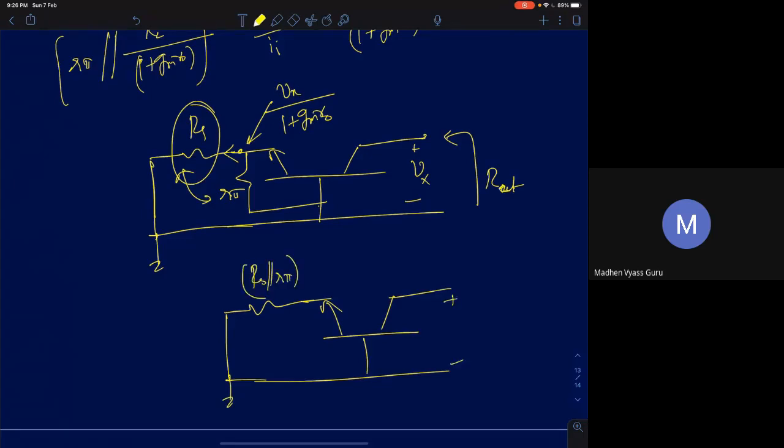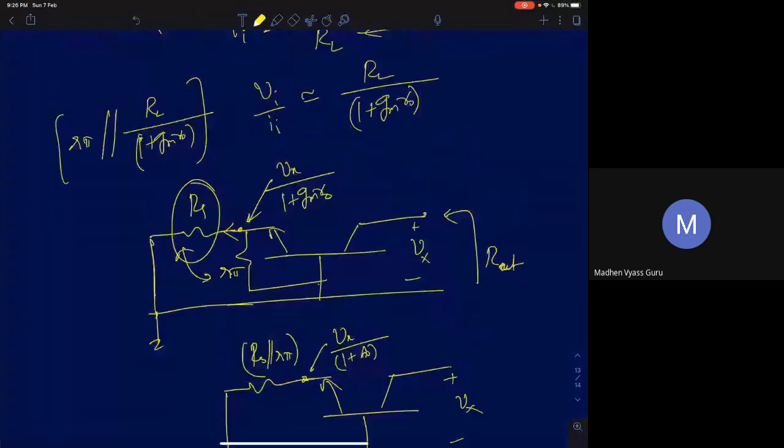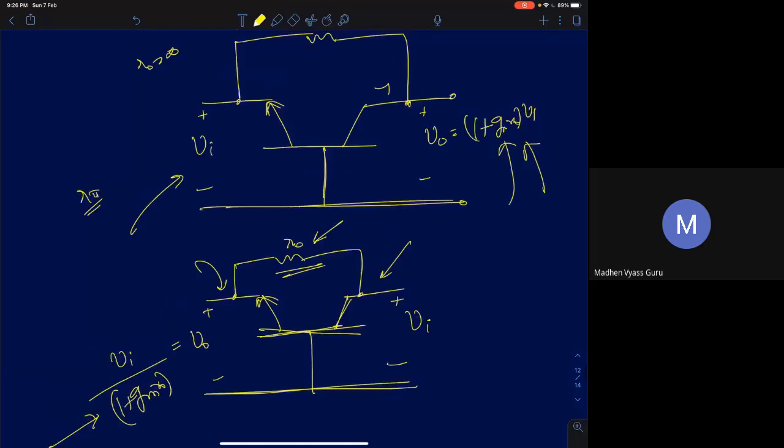If I apply a voltage Vx here, the voltage at this point will be Vx upon 1 plus A naught. I said a common base configuration has bidirectional amplification. If you apply a voltage Vi at the emitter, you get 1 plus Gm R naught into Vi. If you apply Vi at the collector, you will get Vi by 1 plus Gm R naught.